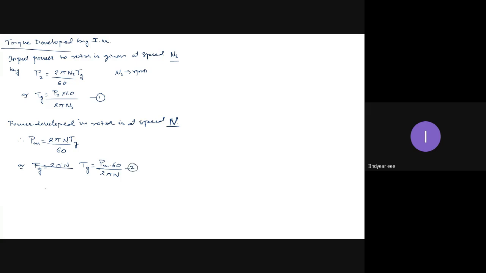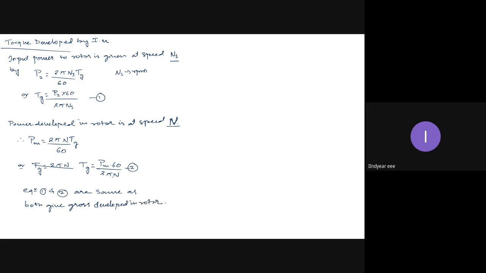Now equation 1 and 2 are one and the same. Here equations 1 and 2 are the same, as both give the gross torque developed in rotor.